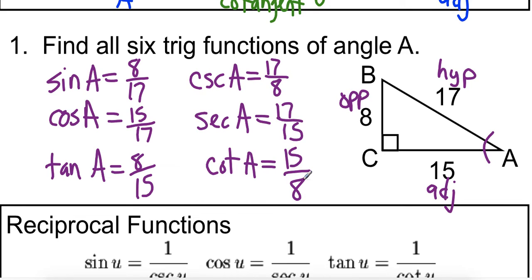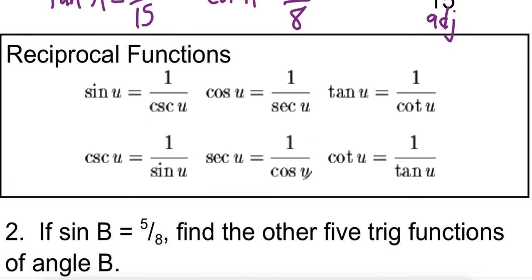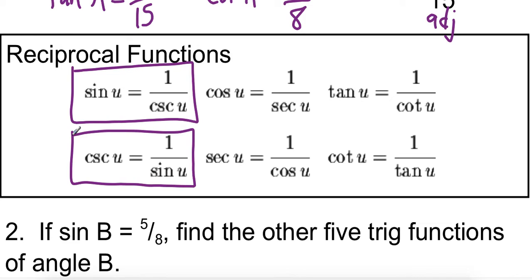So those are our 6 trig functions of angle A. As we just talked about, these are all reciprocals. Sine is 1 over the cosecant, and cosecant is 1 over the sine. That just means they're related to each other that way. Same thing with cosine and secant, and tangent and cotangent. We'll come back to talk more about these reciprocal functions in the next chapter as well.